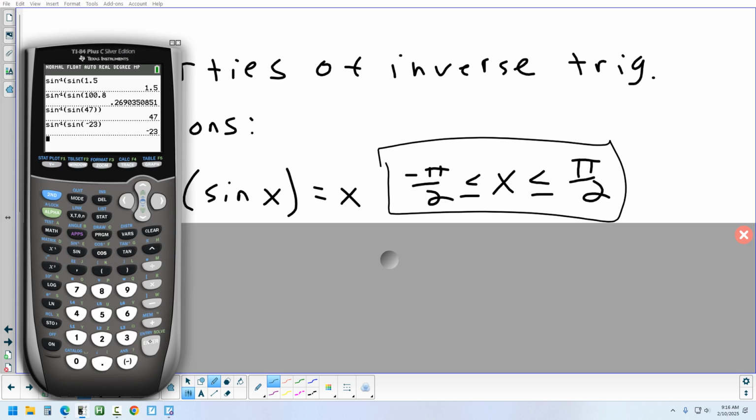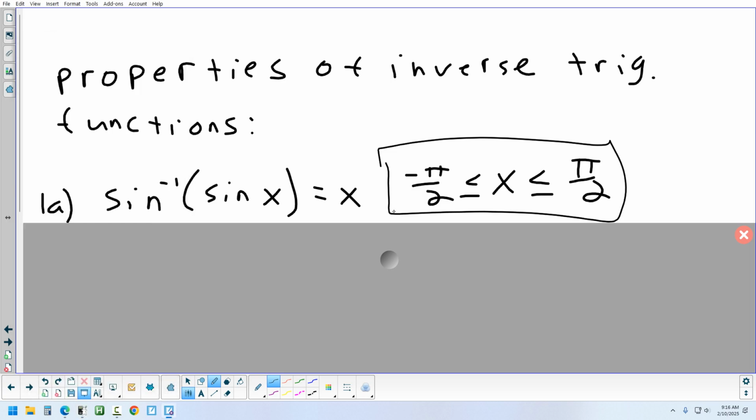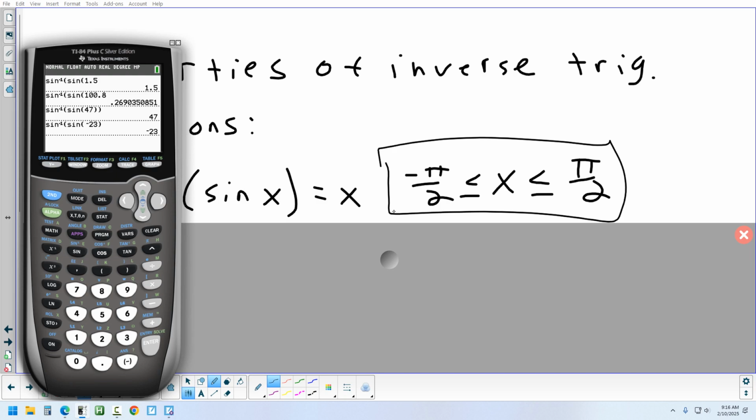Negative 90 and 90, what's in the box right there. Okay, so as long as you put in a number between negative 90 and 90, or negative pi over 2 and pi over 2, then those will cancel out. If you pick a number beyond negative 90 and 90, you will not get back the same answer you started with. There's a pattern to what you get back, but it's not what you started with.